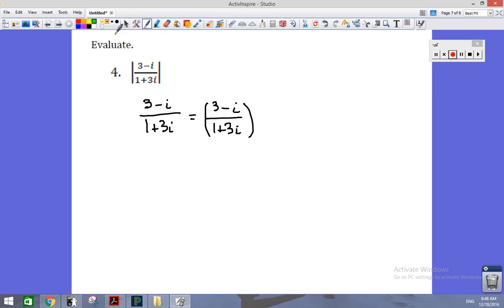A common technique in algebra is to multiply by the number 1, and we're going to be clever in how we write the number 1 as 1 minus 3i over 1 minus 3i. That helps us in the denominator to eliminate the imaginary unit, and we have a is 1 and b is 3, and a squared plus b squared is 1 squared plus 3 squared.